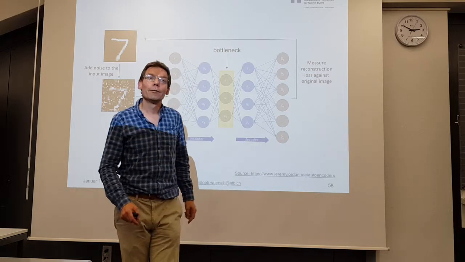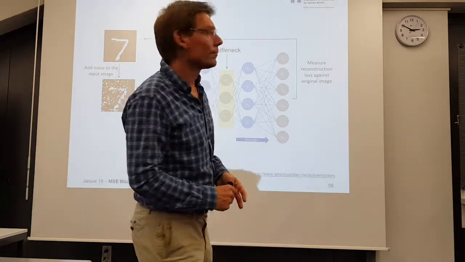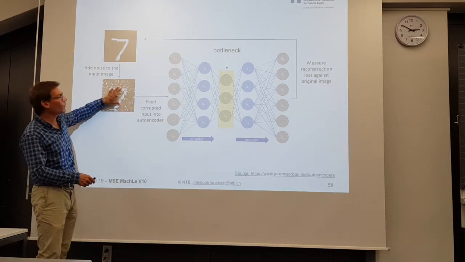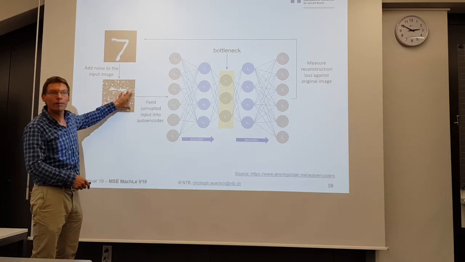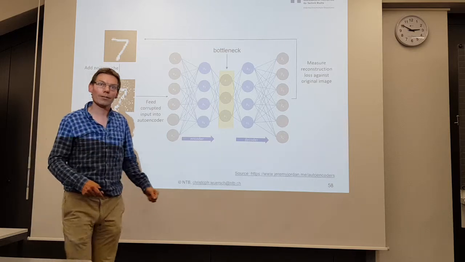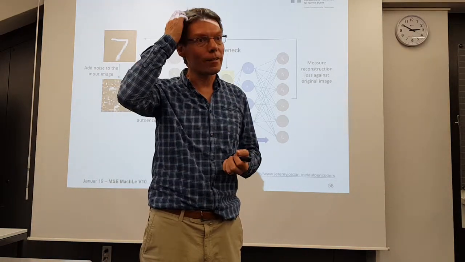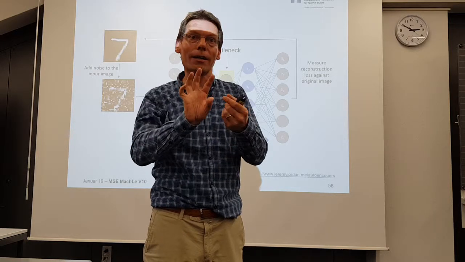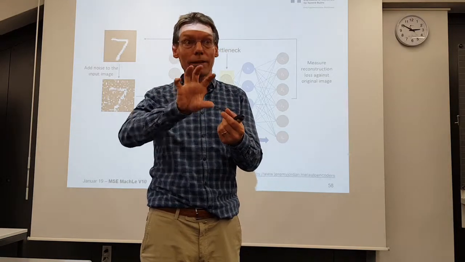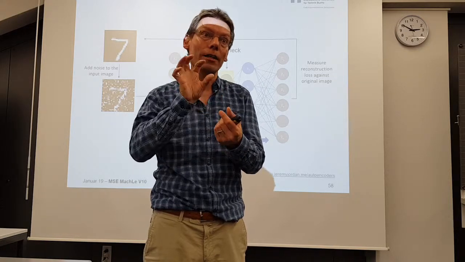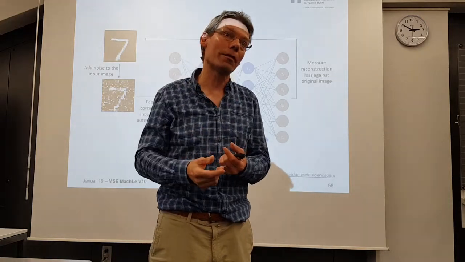Yeah? Why do we have to add noise to the image? I think here you just generate noise, for example, to make it more robust. It's a data augmentation technique. Especially with images, it's common that you say, okay, let's shift the data, turn it a little bit, change the gray values, the gamma values, add noise to make it more robust.